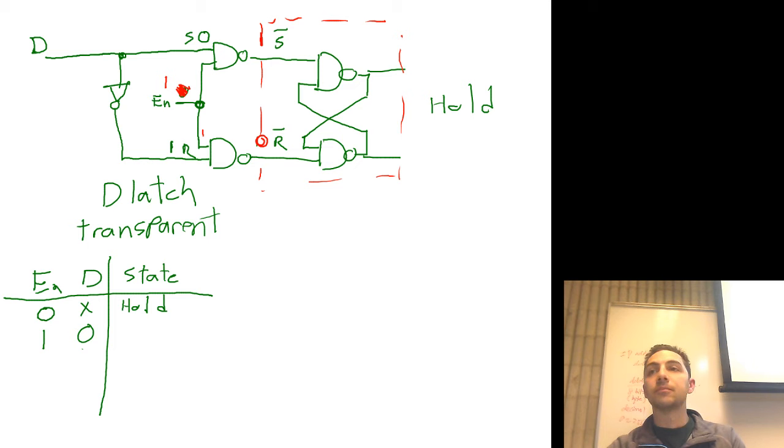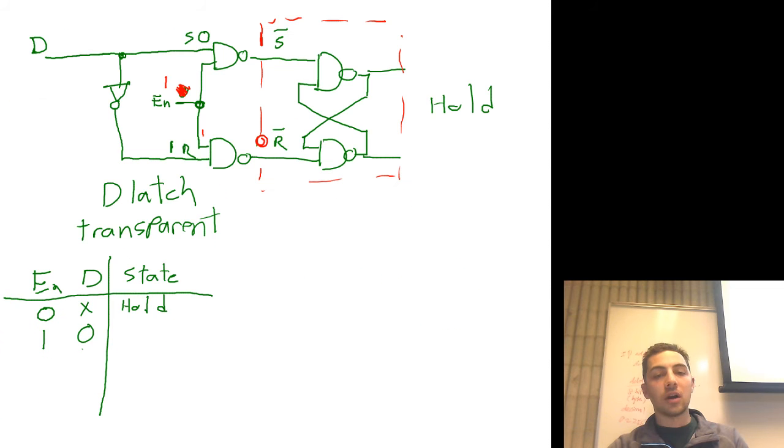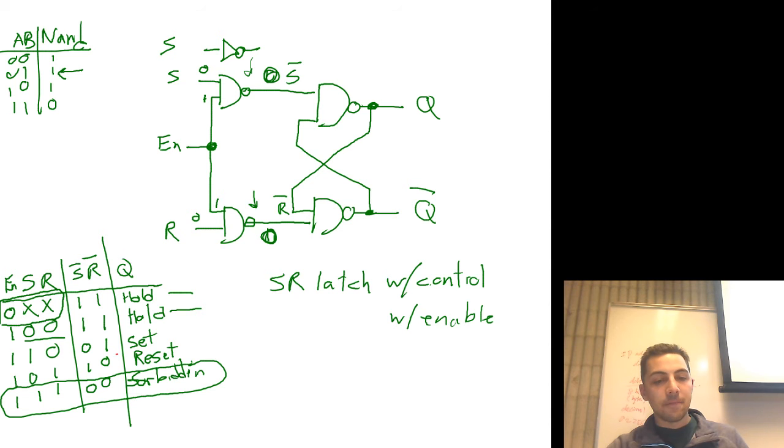Don't be shy. Don't make me call on somebody. If we have a 0 on R bar, which is what we have, right? I'm sorry, we have a 0 on R bar and a 1 on S bar. So we have this state right here, 0 on R bar, 1 on S bar.